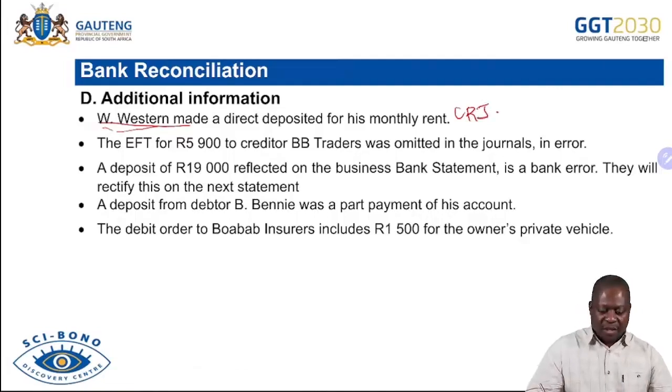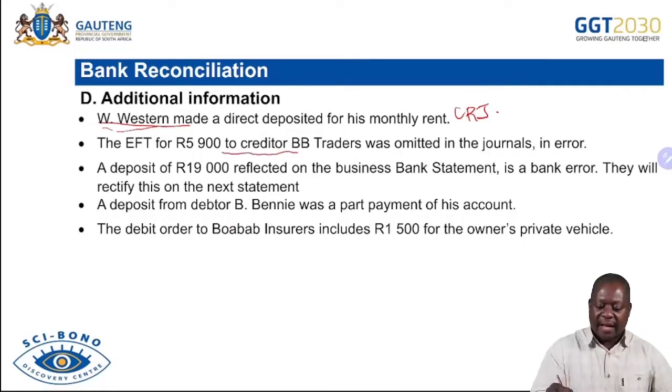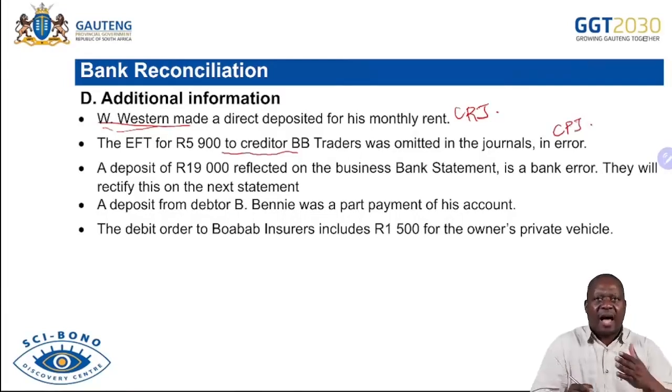EFT 5,900 to a creditor was omitted in the journals in error. So by mistake, we omitted it. But check here, this is a payment to a creditor. So it means it must affect our CPJ. That's how you check now. The information that we are given now, where is it supposed to go to?